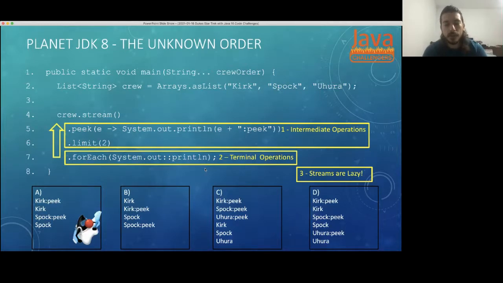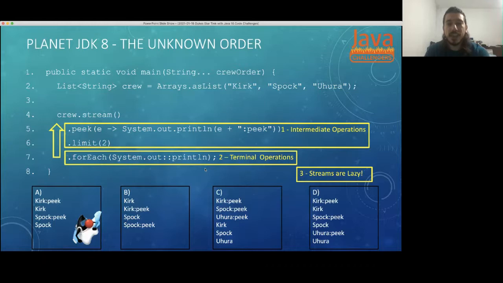So it's a very important point from streams. For example, streams are lazy. What does that mean? It means that the intermediate operation methods will only be invoked when the terminal operation method is invoked.